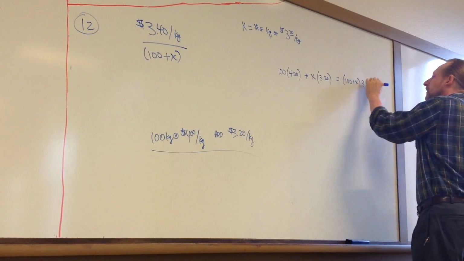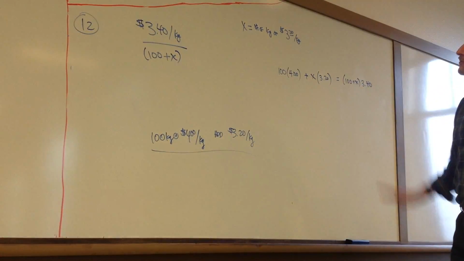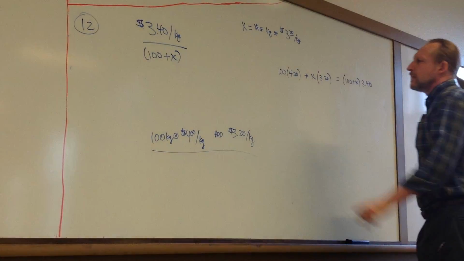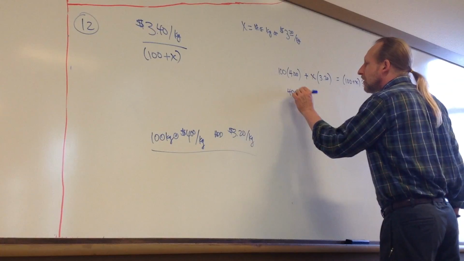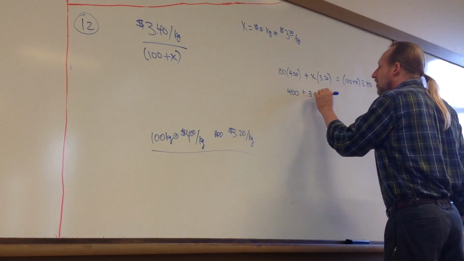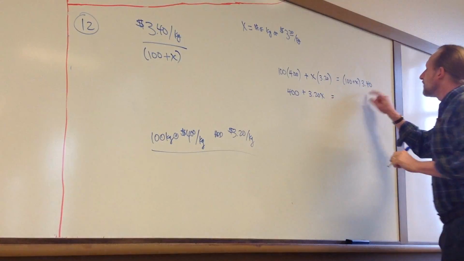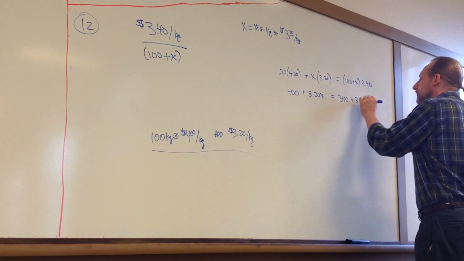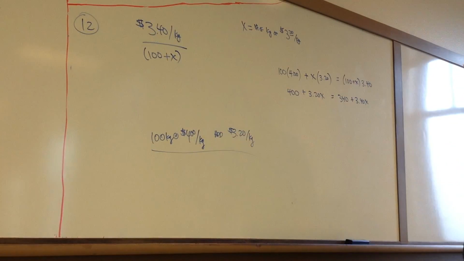We want to sell it for $3.40 per kilo. So there's our equation for this scenario. All right, so let's go ahead and do a little calculating here. 3.40 times 100 should be 340, and 3.40x. Okay. So there's the setup.